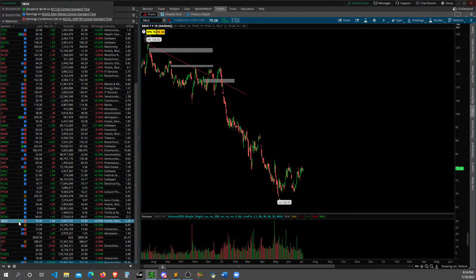If it'll wake up. Normally I can hover here and, oh, here it is at the top. I don't know why it populated up here, but it shows the dividends, earnings, and when the conference call is. This is upcoming. Typically, if something had earnings, I don't know what the icon will be, but it won't be a question mark.